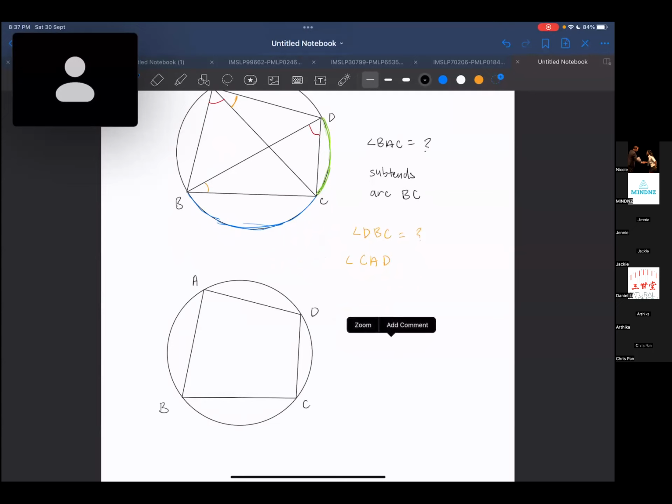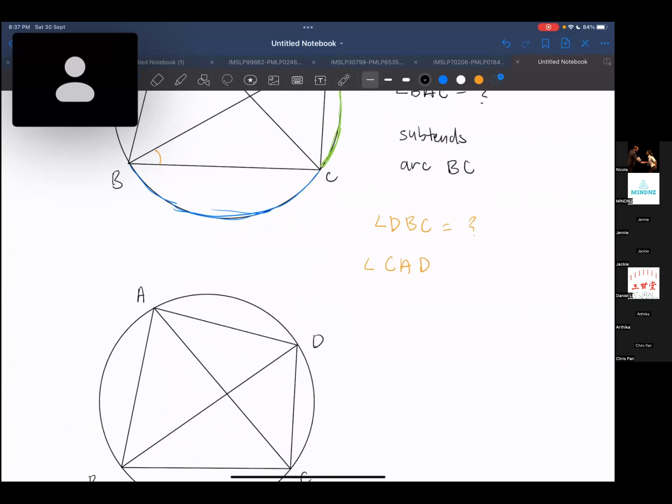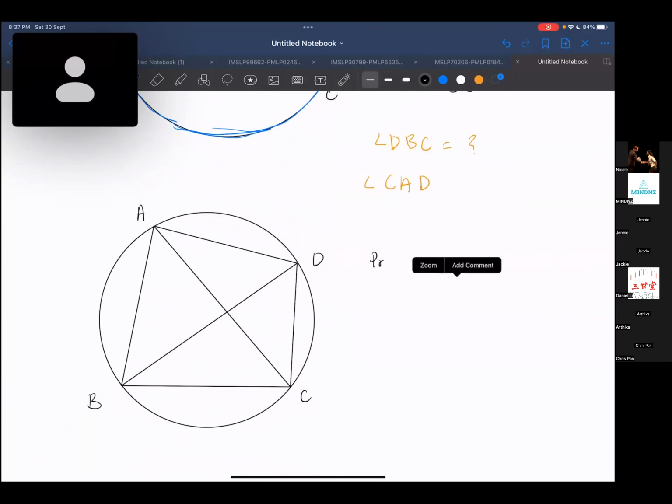So here we have a cyclic quadrilateral. Let's first say we're going to try to prove that angle BAD plus angle BCD equals 180.